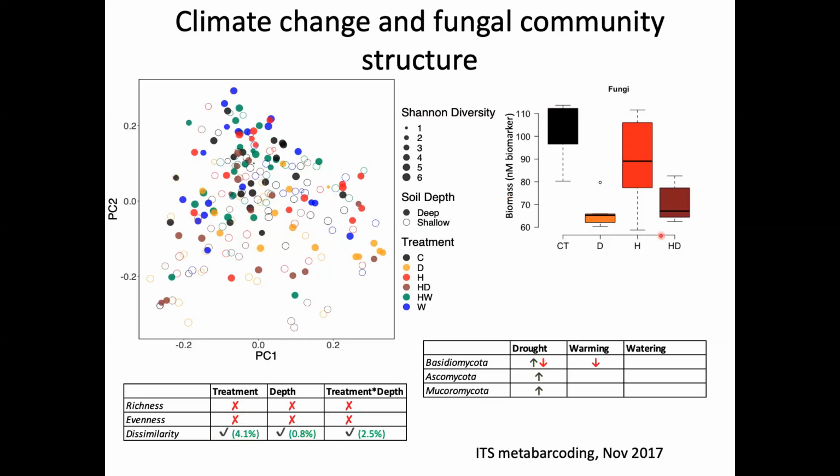As with the bacterial community, there's a big impact of drought on estimated biomass of that community. And we do have a few taxa within that community that show associations, either positive or negative, with drought and warming.